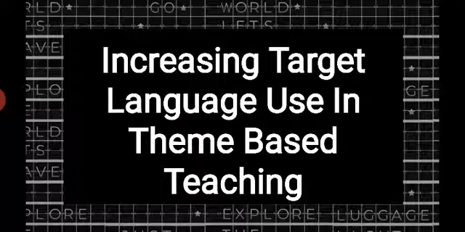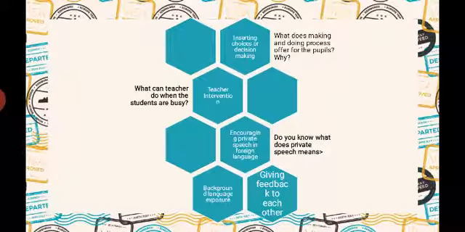But what are we going to discuss in this case? Let's see here. So we have inserting choices or decision making, and talk in the doing and making process. When children are doing decision making and the doing process, the first language will be used.